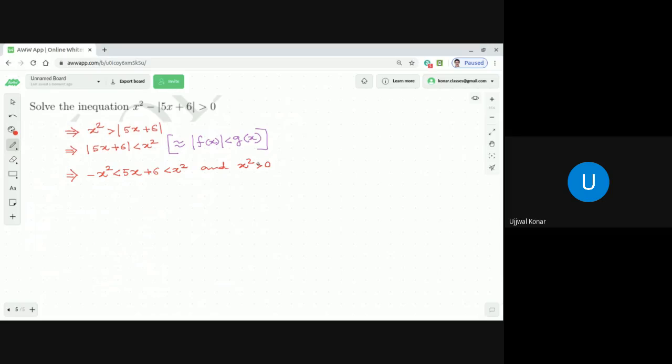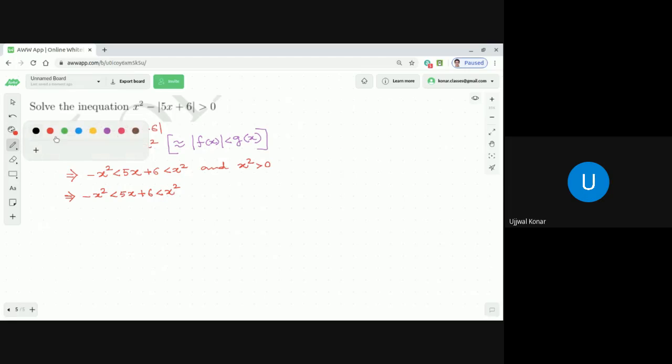This is quite obvious. For any real number x square is greater than 0, so next time onwards we need not write this step. Just we can write simply minus x square less than 5x plus 6 less than x square.